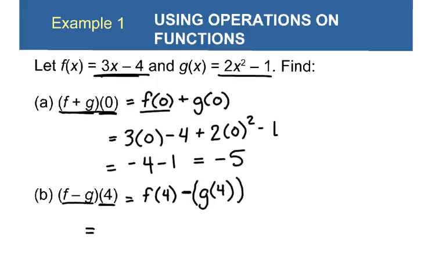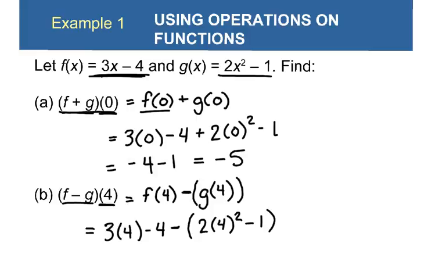So for f of 4, placing 4 back into f of x, we get 3 times 4 minus 4, minus our entire function g with 4 replaced inside our x.